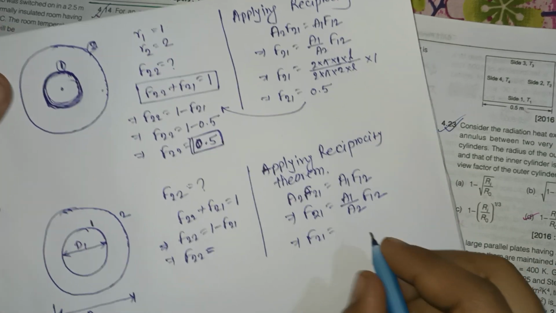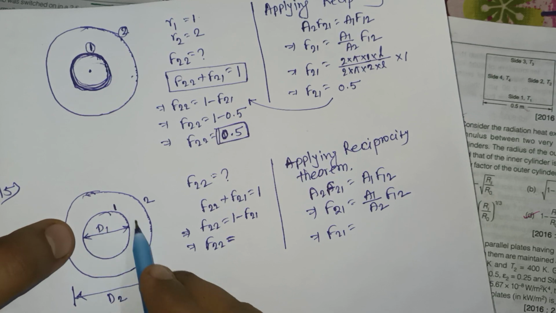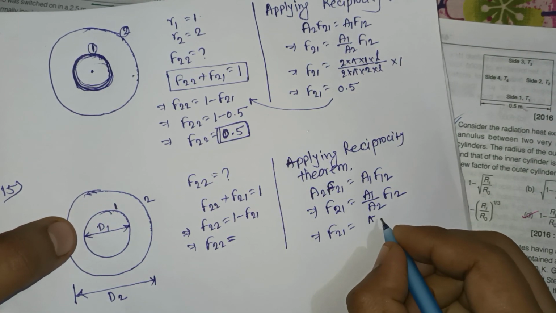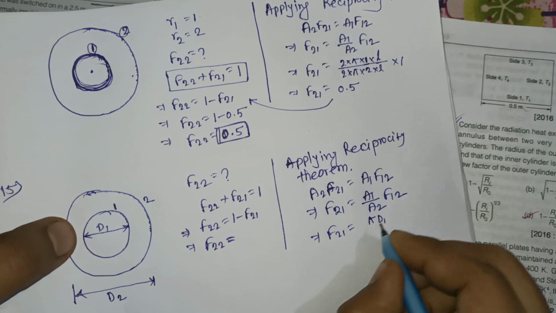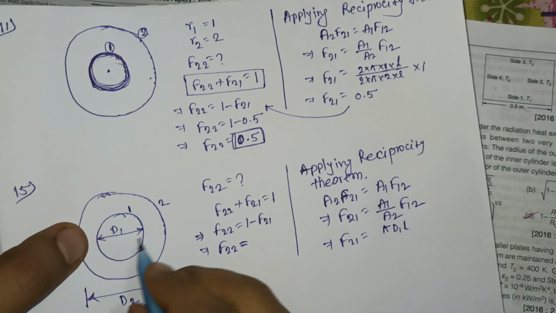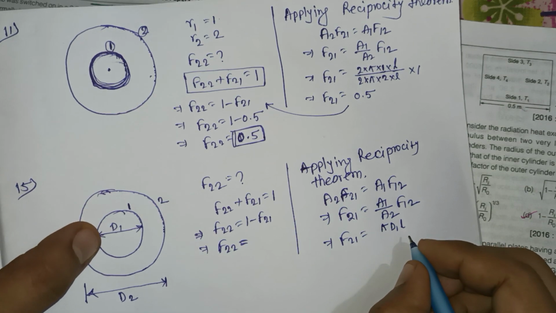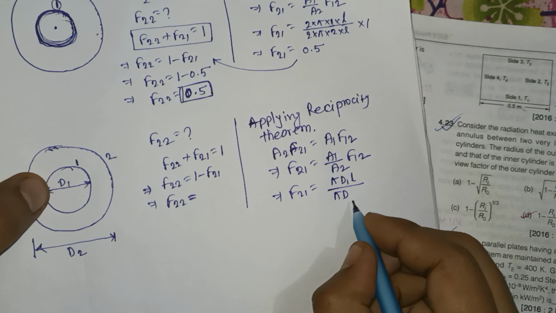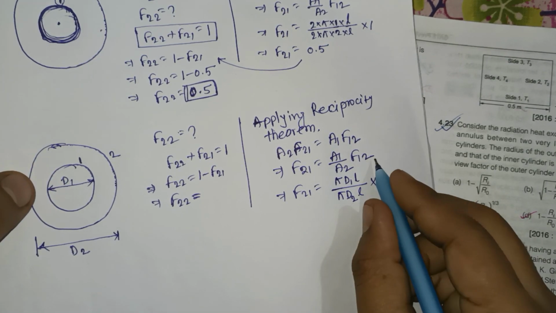What is A1? A1 is pi d1 into L, where L is the length of the cylinder. A2 is pi d2 into L. And what is the value of F12?